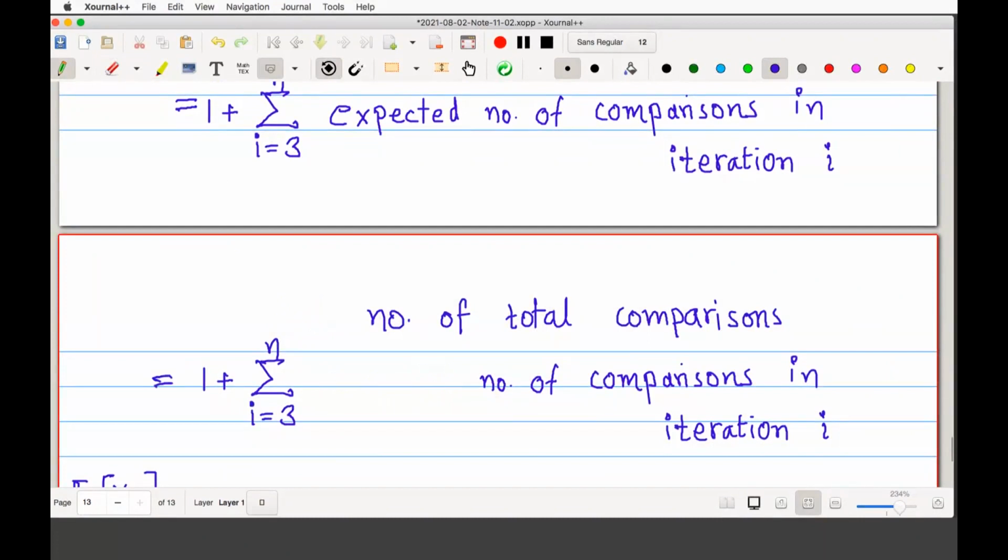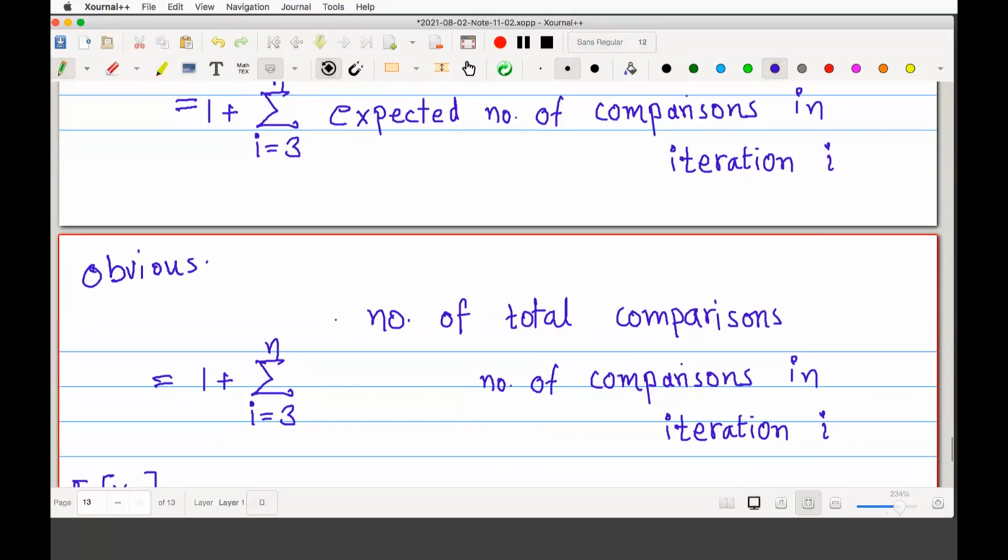Because number of total comparisons is simply summation over all iterations, and you add up the number of comparisons in each iteration. Of course, the left hand side is a random variable and the right hand side is also a random variable, but this equation is always true, right? And so this is obvious.